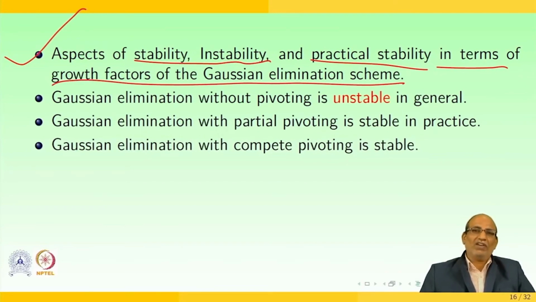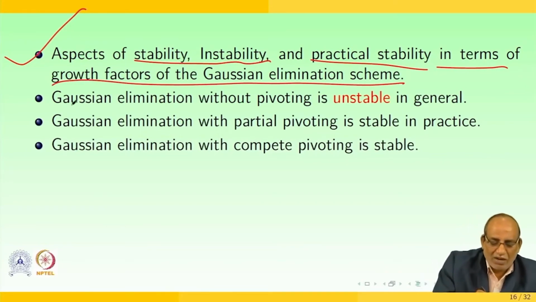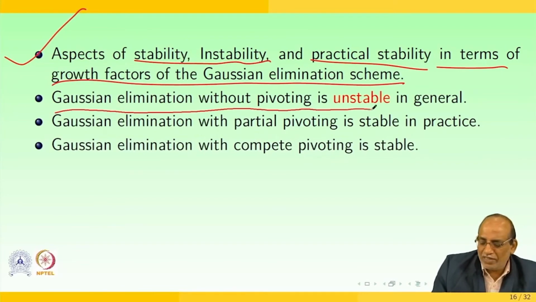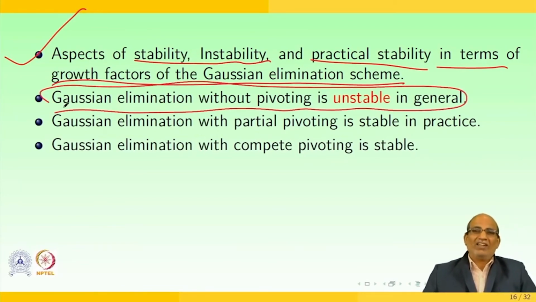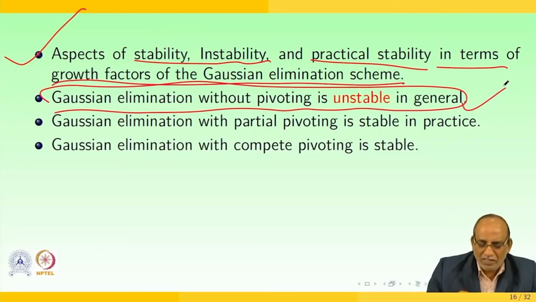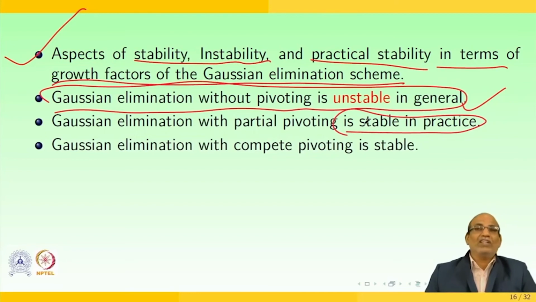Gaussian elimination without pivoting is unstable. As we have already seen, if you do Gaussian elimination without pivoting, it leads to an unstable system in general. Gaussian elimination with partial pivoting is stable in practice.